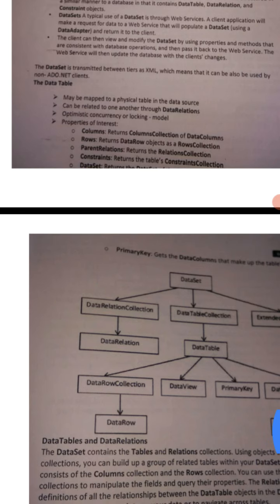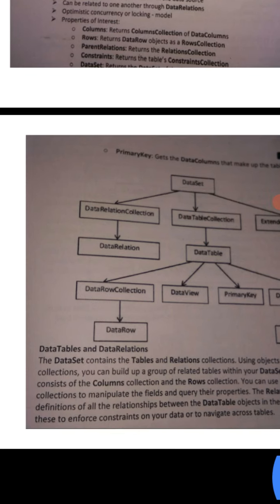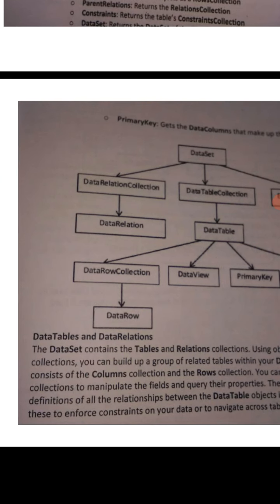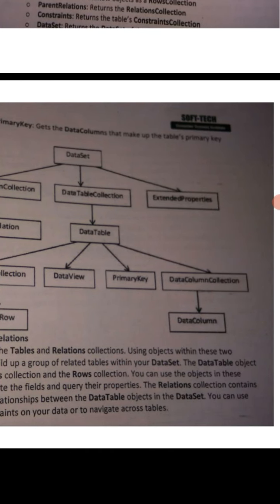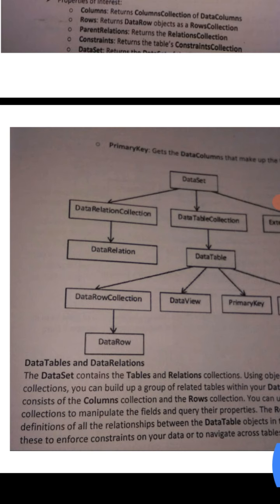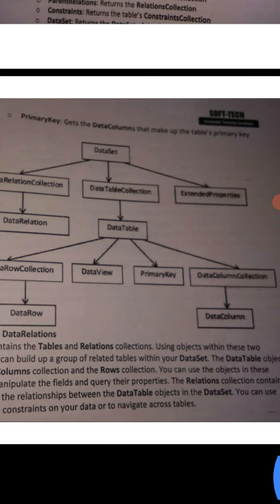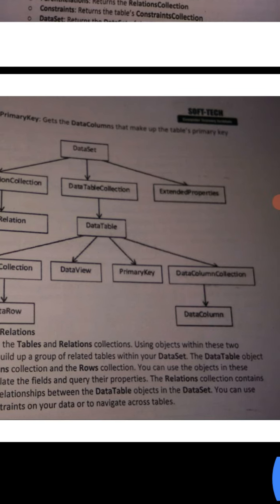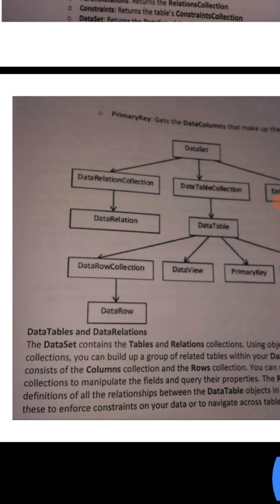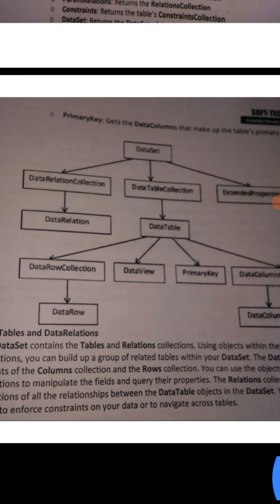Then data table and data relation. The dataset contains the data table and relation collections, using objects within these two groups of related fields within your dataset. The data table object consists of the columns collection and the rows collection.